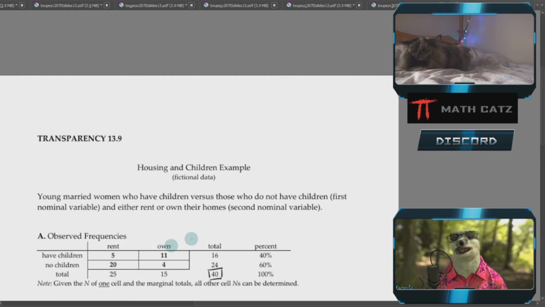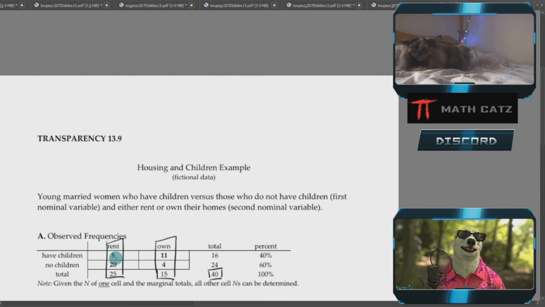And then we ask ourselves, well, if renting or owning is independent from having children, then in the rent column, we expect a 40-60 breakdown. Again, in the owning column, we should get very close to a 40-60 split again.